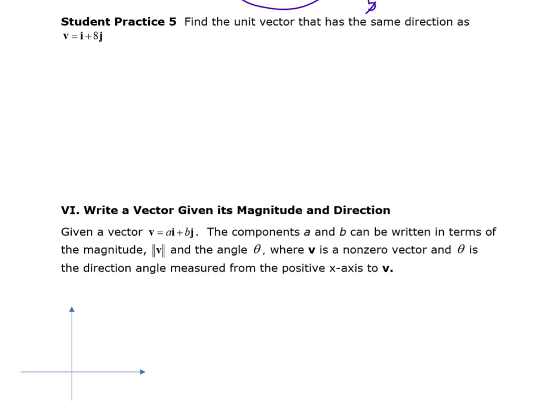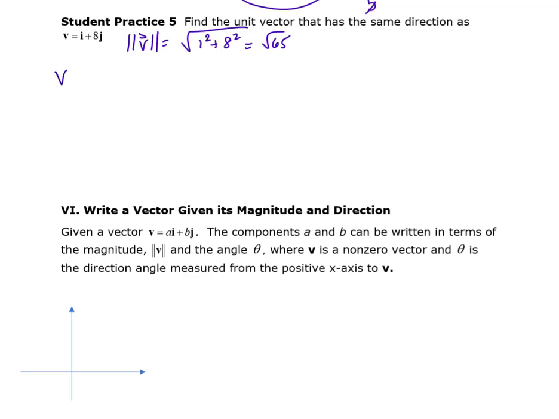All right, now let's find the unit vector that has the same direction as vector v, which is i plus 8j. So we'll first find the magnitude of v, which is going to be the square root of 1 squared plus 8 squared, which is the square root of 65.